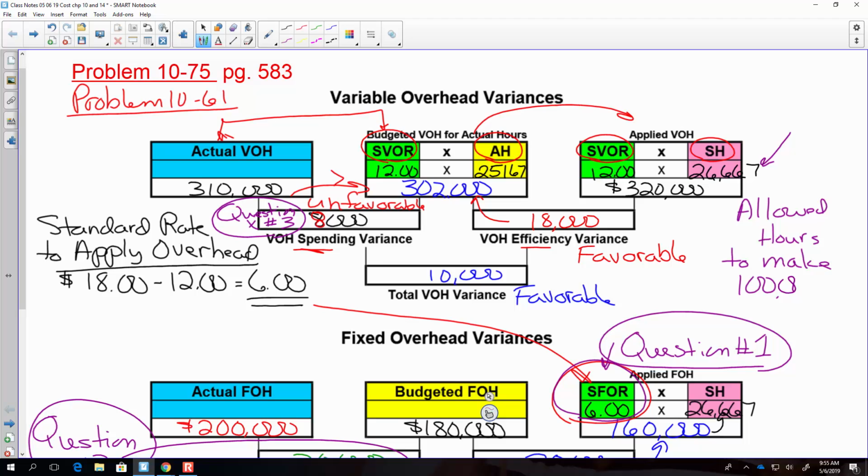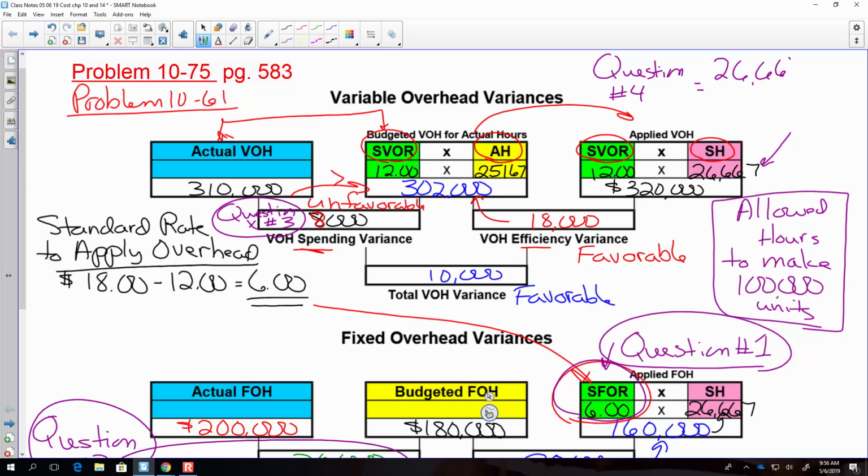So if it takes 26,667 hours to make 100,000 units, question 4 wants it per unit. So we got to take the 26,667 divided by 100,000 units. And we get 0.266 repeating, right? So that's question 4's answer.